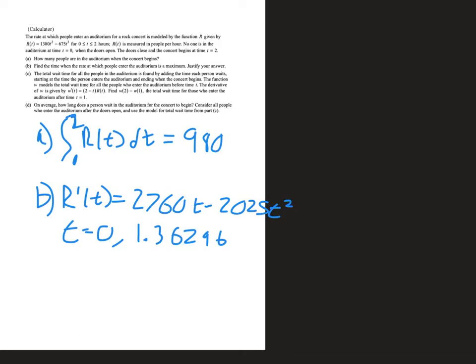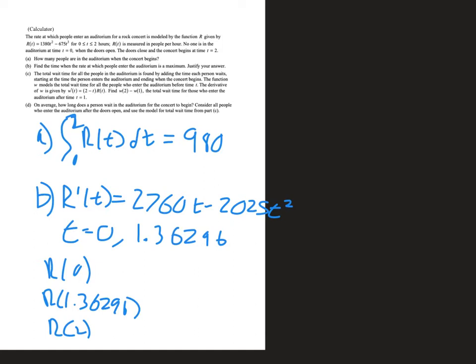So one option is to simply plug in and figure out what is r of 0, what is r of 1.36296, and what is r of 2. Whichever of those three is the biggest is your maximum rate.